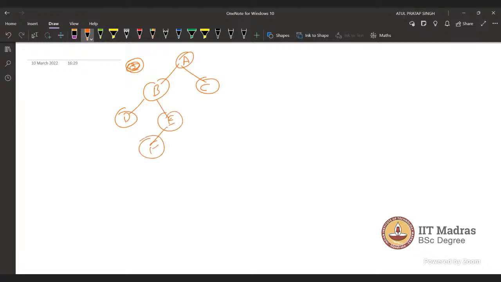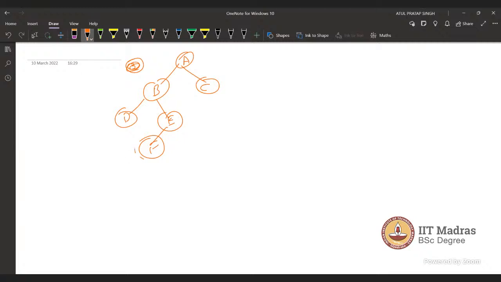Okay, so for height, we update this height information from the leaf nodes. So we consider the leaf node's height, or you can use depth, or anything. So what is the height for this subtree?